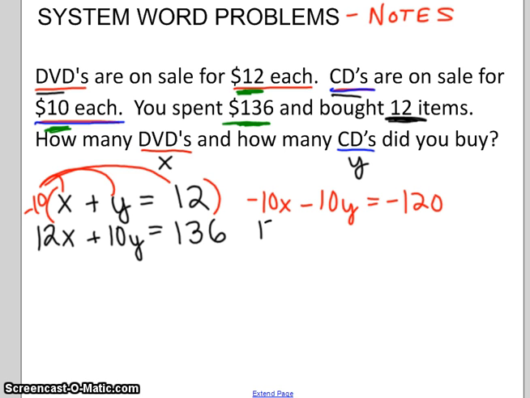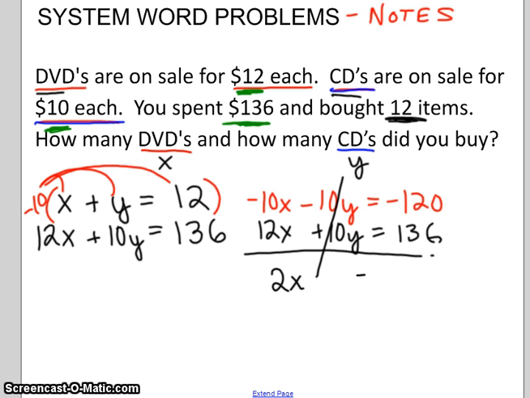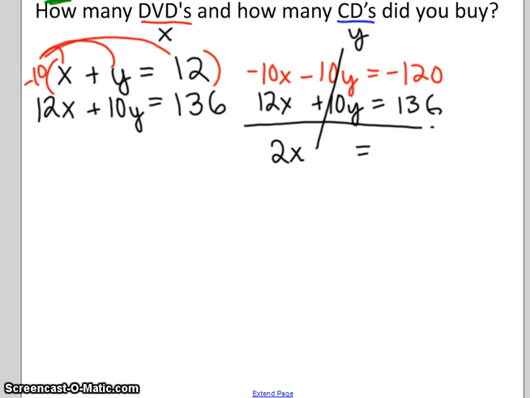The bottom equation stays the same. And we can eliminate the y's. Negative 10x plus 12x equals 2x. Negative 120 plus 136 is 16. And we get an answer of 8.